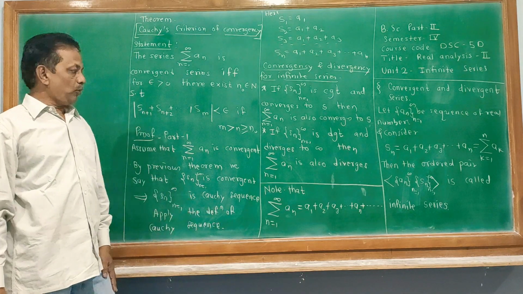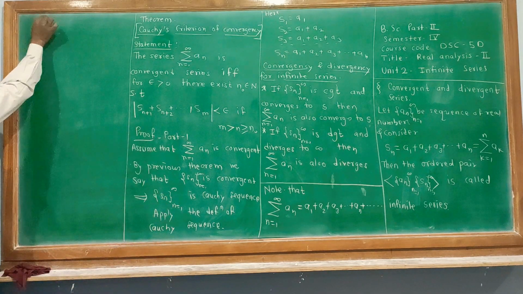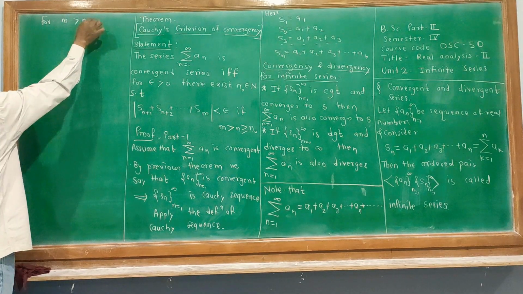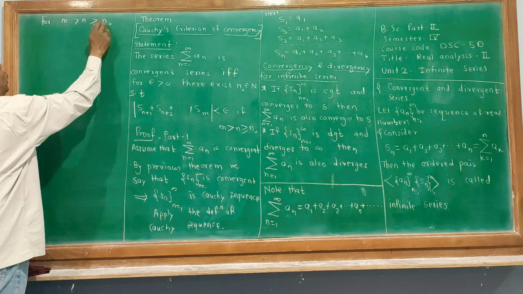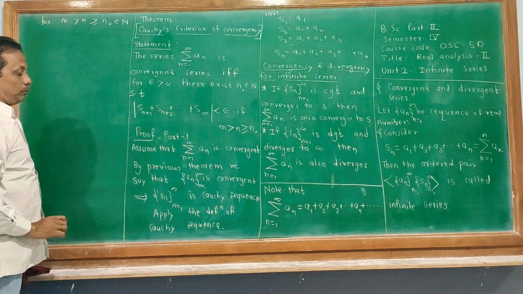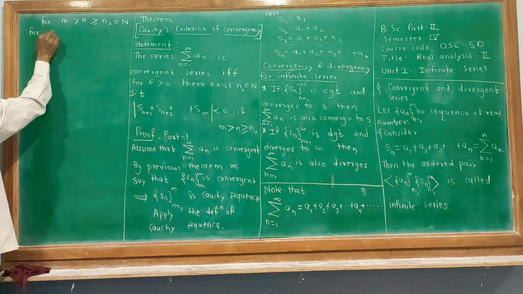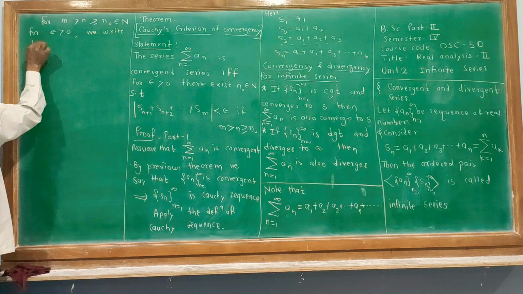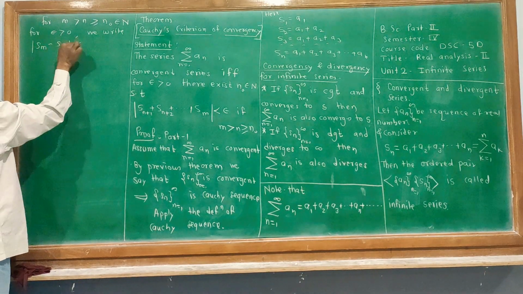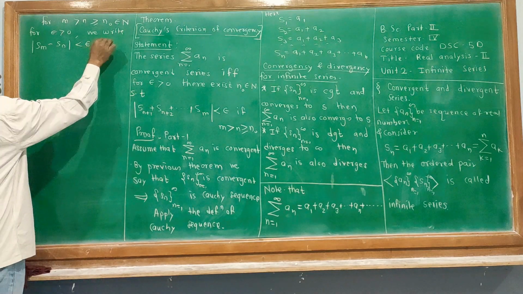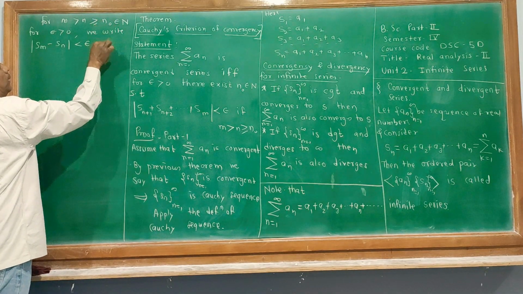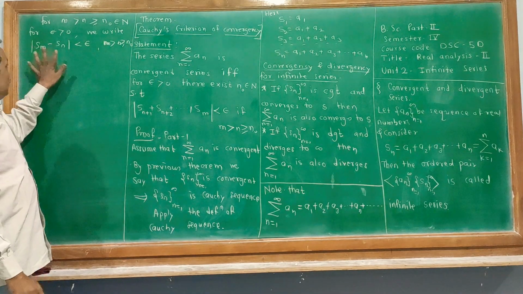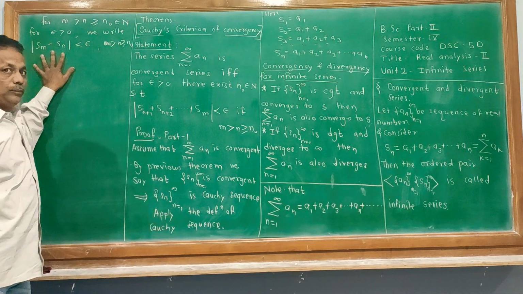By using the definition of Cauchy sequence, we can write for m greater than n greater than or equal to n0, that n0 belongs to capital N, for epsilon greater than 0, modulus Sm minus Sn less than epsilon. And here the condition is the same: m is greater than n, which is also greater than or equal to n0. This is the definition of Cauchy sequence.